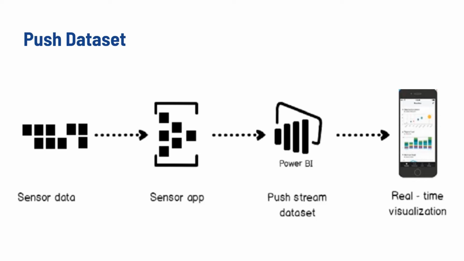One of the most interesting things about push datasets is that, in spite of providing 5 million rows of history by default, they do not require a database. We can, in fact, push streaming data directly from a source such as a device or executing code to Power BI Online's REST API.